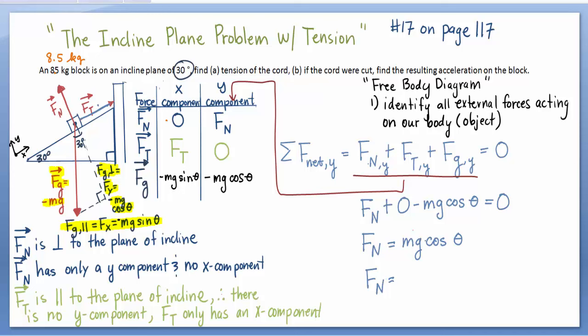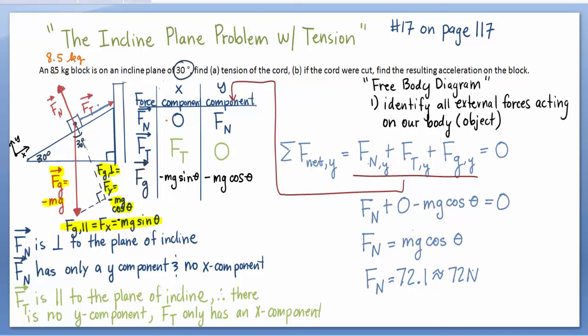That gives us a normal force of 72.1, which we can round off to 72 newtons.